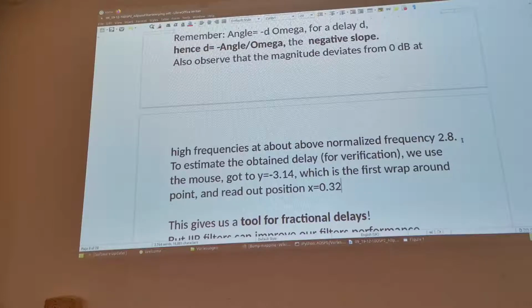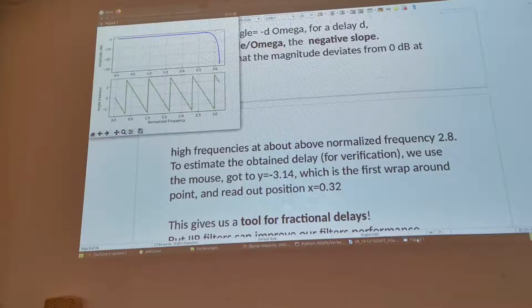Was that correct? Was it 3.2? 0.32? Check. Yeah, 0.32.